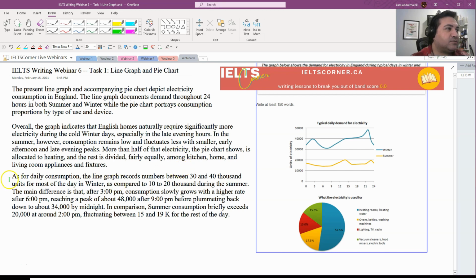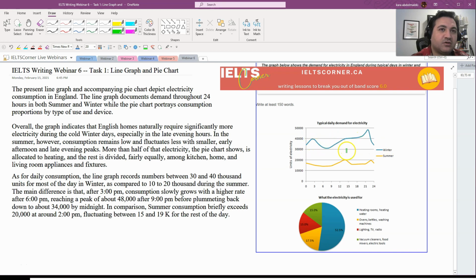It says, as for daily consumption, the line graph records numbers between 30 and 40,000 units for most of the day in winter, as compared to 10 to 20,000 during the summer. So here I've tried to talk about this, 30 to 40, okay, but you can see that winter days are not between 30 to 40.